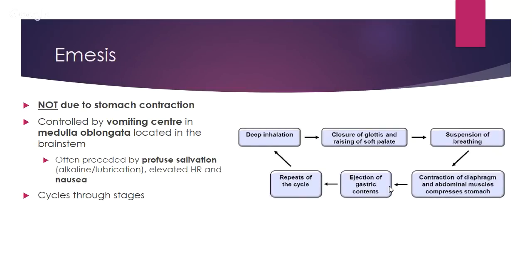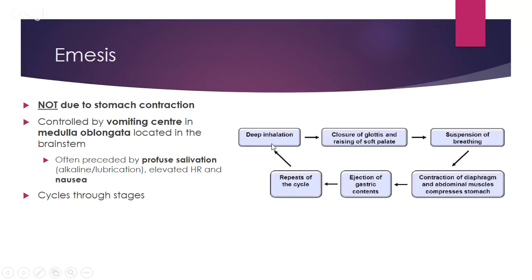I think you guys talked a little about vomiting in some of your active learning. It's important to know it's not due to just stomach contraction. It's regulated by the vomiting center in your brainstem, in the medulla. And it cycles through a bunch of steps, and it's often preceded by salivation to stop the acid that you're about to regurgitate up from damaging you, and also to lubricate that vomit from going out.